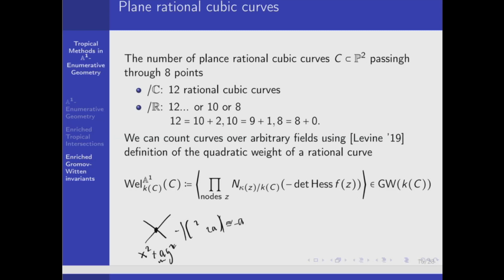So I have real curves, then it may happen that I have pairs of complex conjugated nodes. So in this case, we take the norm of the field extension over the field of definition of the curve. This is something that lives on the curve, and we just take the product over the nodes.